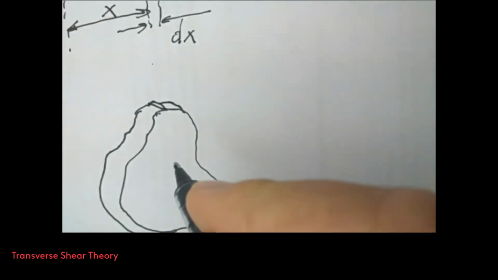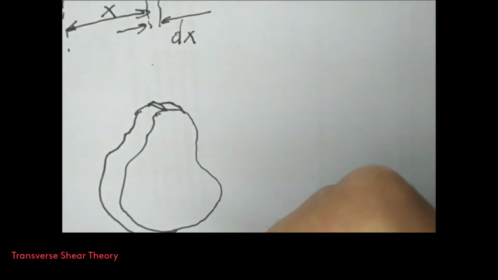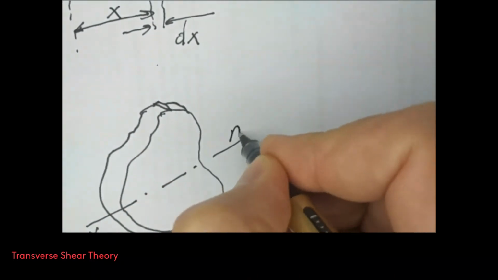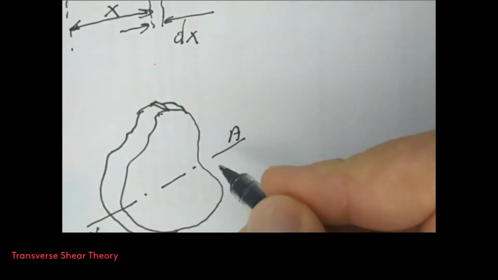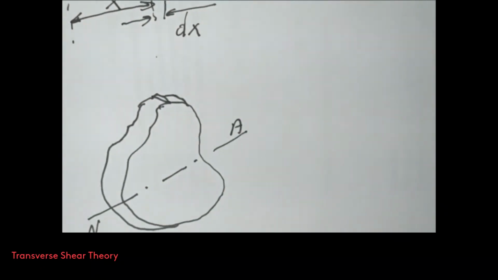In fact, for this thin slice, we have a neutral axis, and let's say that this is where the neutral axis is located. Remember that the neutral axis is the axis on which the stress is 0.